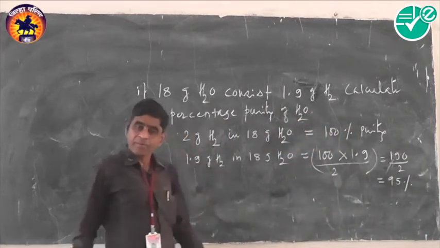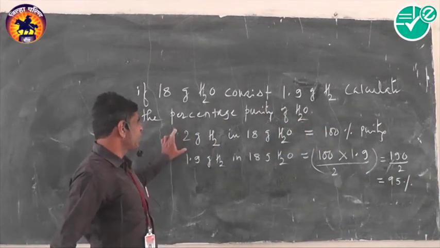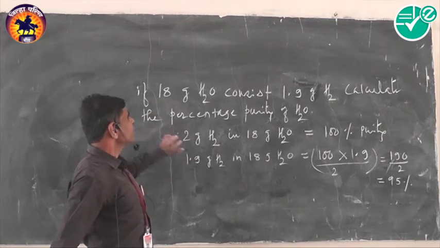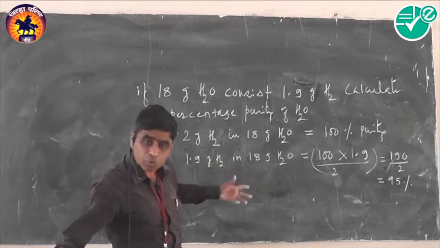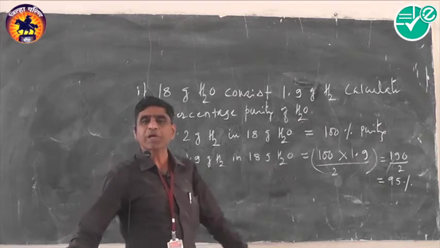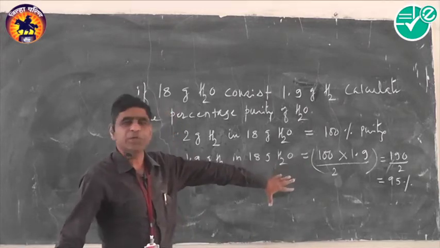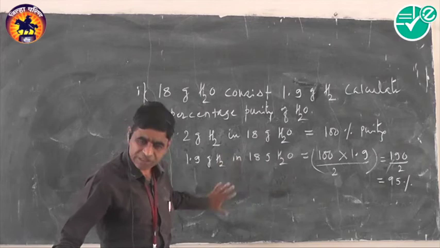It indicates that if 18 gram of water consists 1.9 gram of hydrogen instead of 2 gram, the percentage purity of that water sample is 95%.